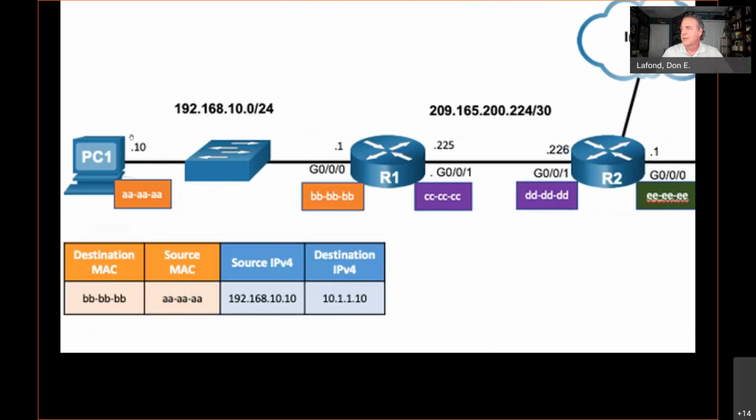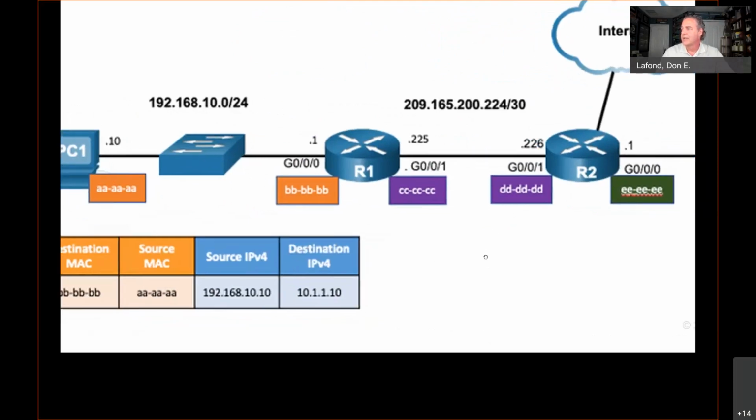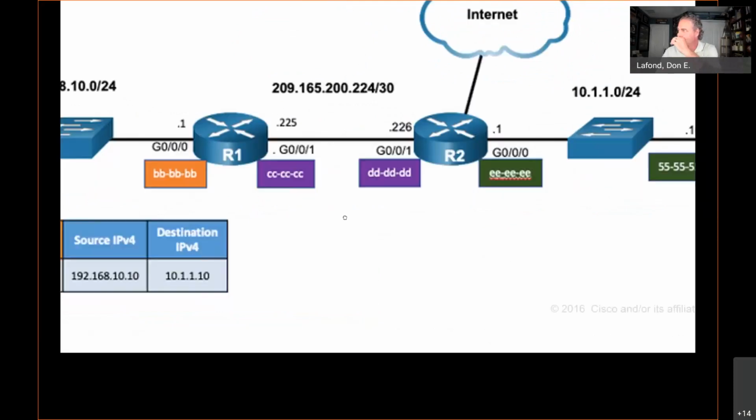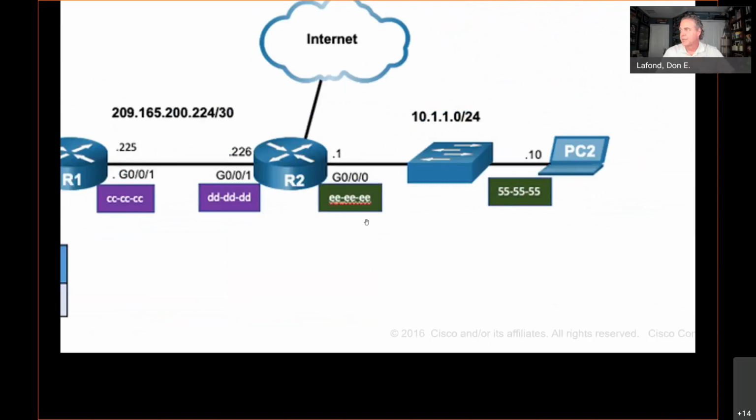So for PC1, the destination MAC is BBBB. Source is AAAA. But when we get to R1 going to R2, the destination would be DDDD, and the source would be BBBB, right? And then at the next level, it switches to EEE and ultimately gets to PC5.